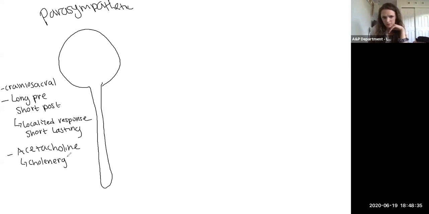We talked about that. Also, it can be referred to as muscarinic. Okay, those are your random facts you need to know about your parasympathetic division. Now we're going to go into the nerves and ganglia that are associated with it.